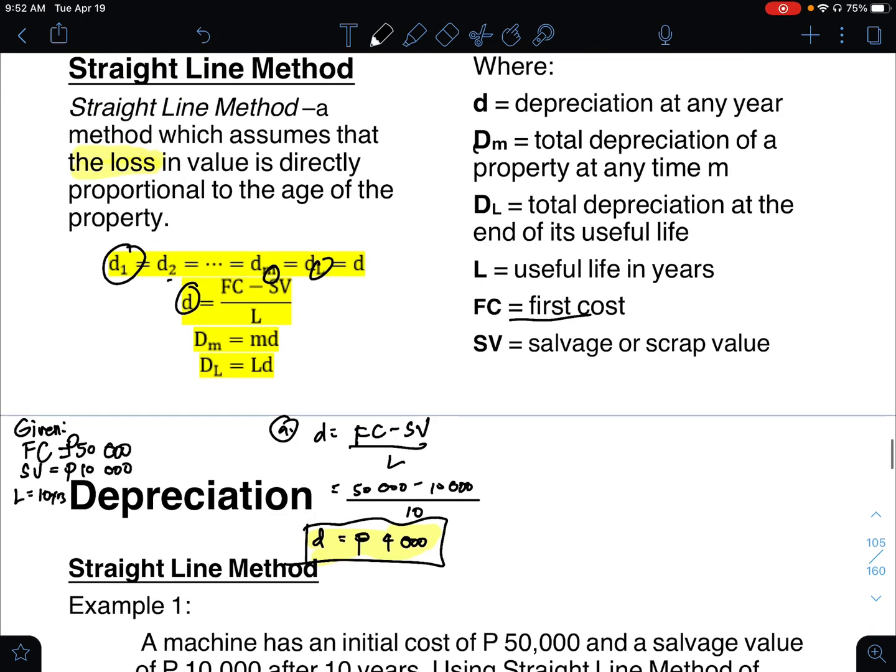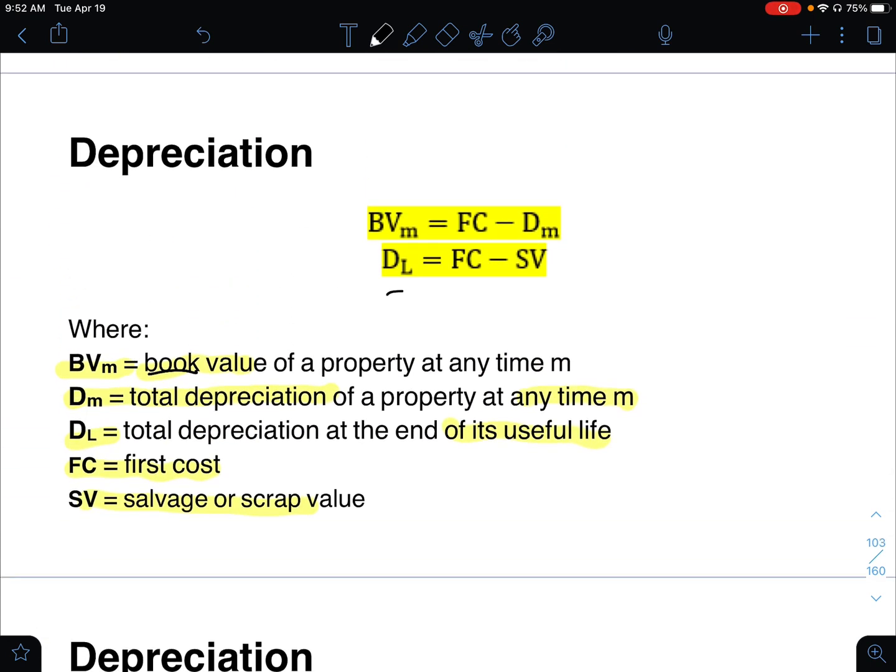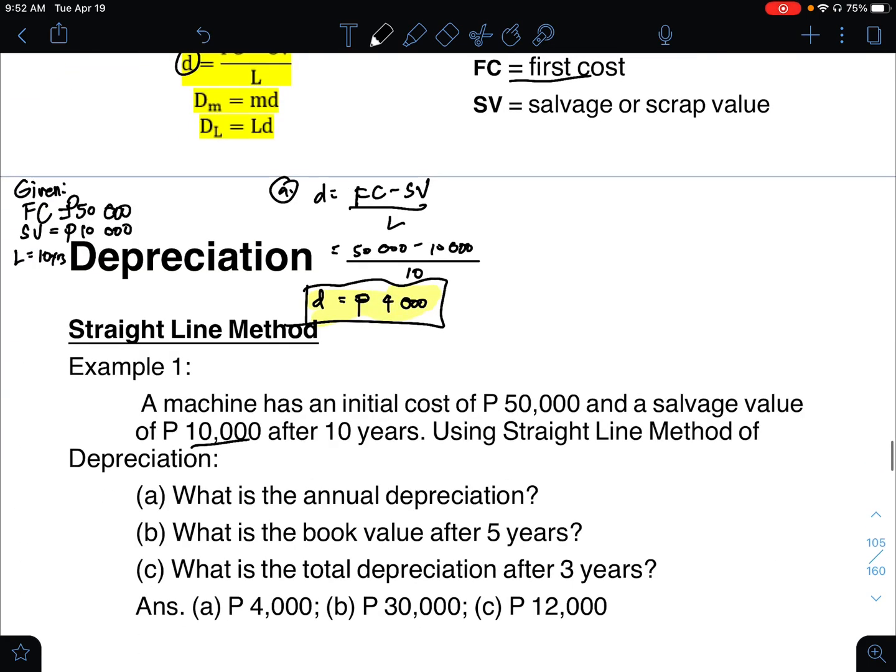So, ang book value daw na formula, di kaganina, was BVM is equal to FC minus DM. So, in depreciation, mao ni siya ang formula. We are going to be using this in any kinds of methods. Okay? So, BVM is equal to FC minus DM. So, let's try to solve.